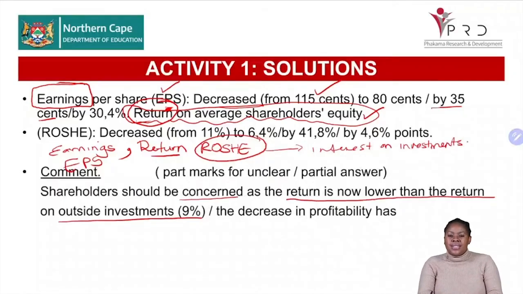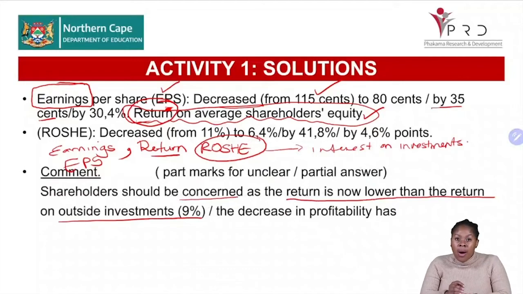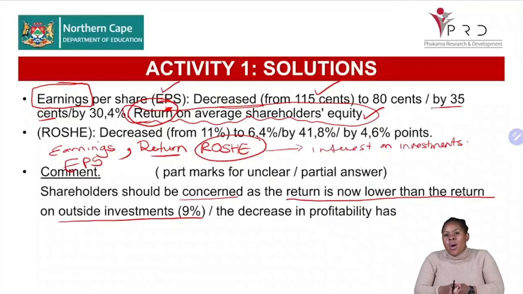So what does this mean, grade 12s? This is what it means. If I am a shareholder and I had money that I wanted to invest in a particular company, right? For example, 100,000. Now, either I invest it and buy shares, or I can take my 100,000 and put it in a fixed deposit or an alternative investment, right?